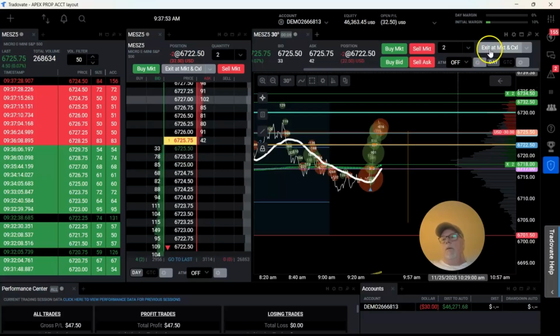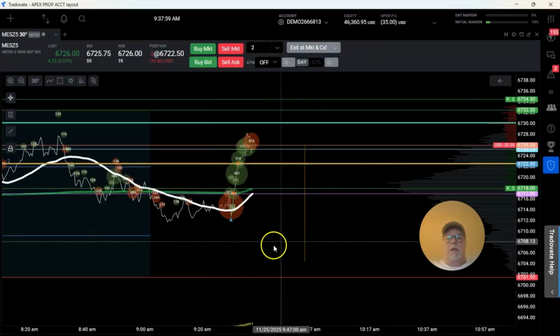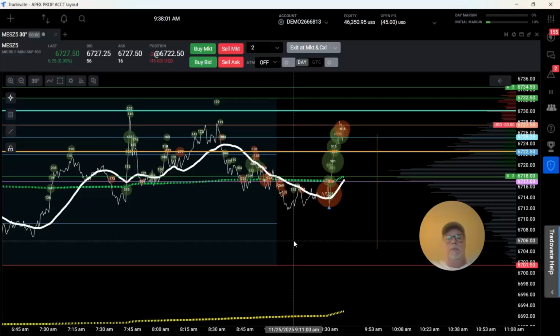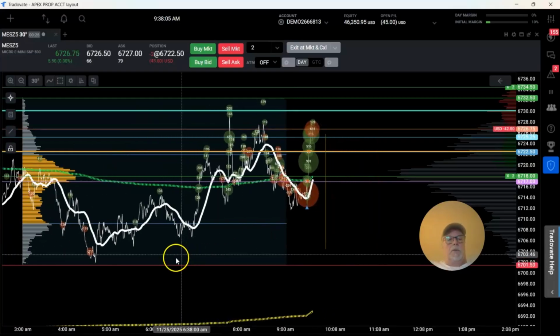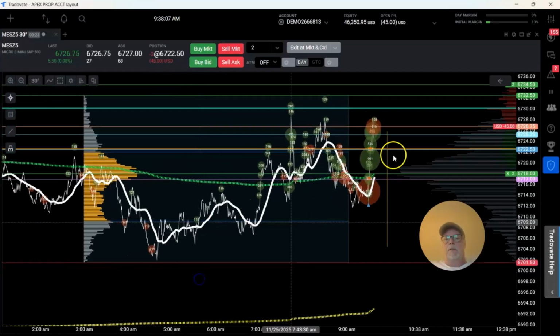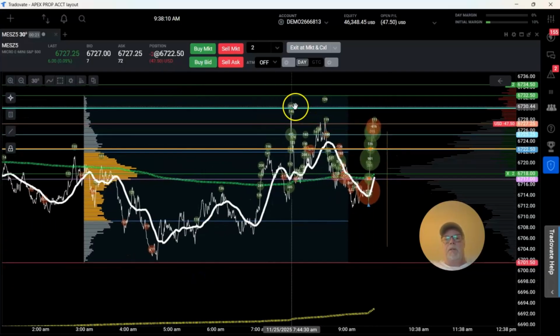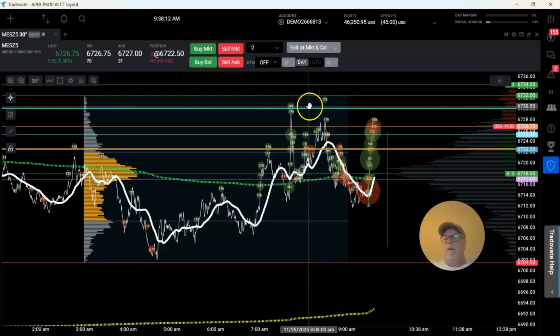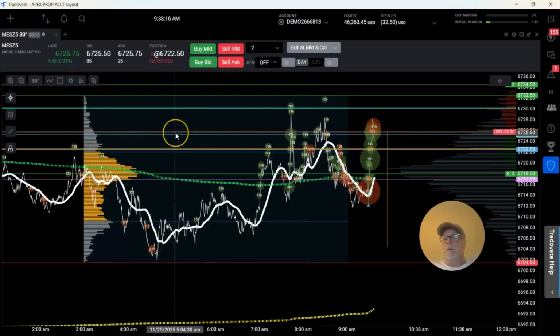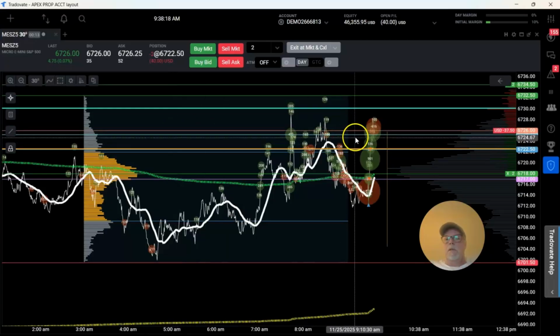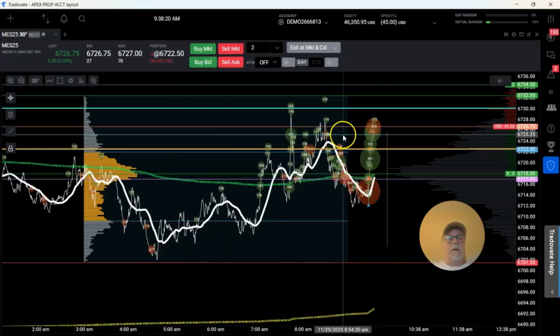All right. Got here. Well, we're having so much trouble here. A lot of trouble here. For what reason? We know this is yesterday's value area high, today's open. We're just struggling around the open here.